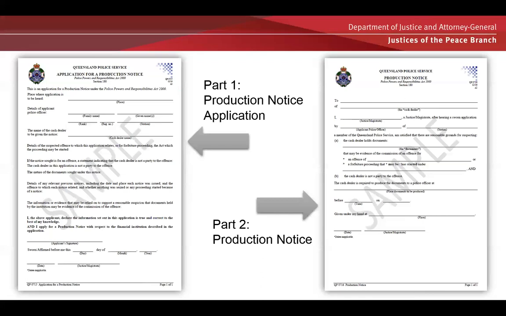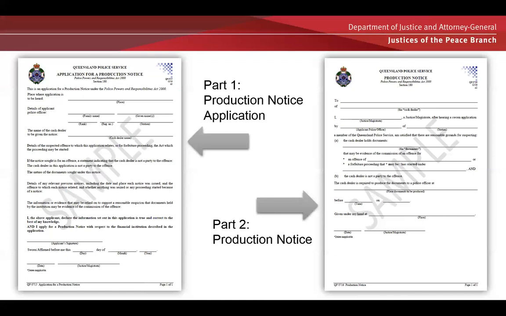But if you are satisfied that the production notice is justified, you then have the applicant officer sign the application, reminding them that they're still under oath, and then you witness the applicant's signature by signing and affixing your seal of office and registration number on both the application and the notice.